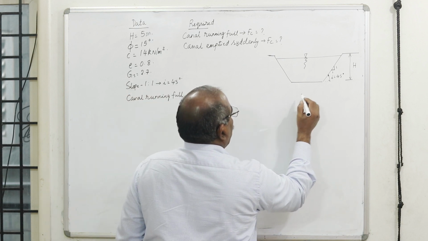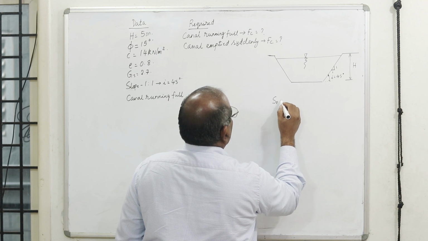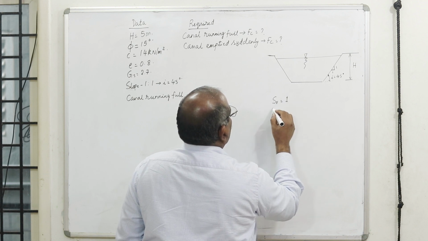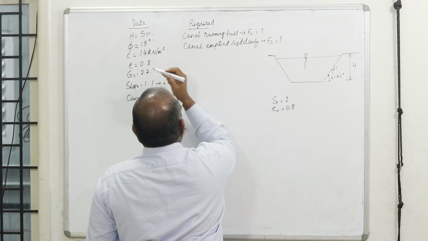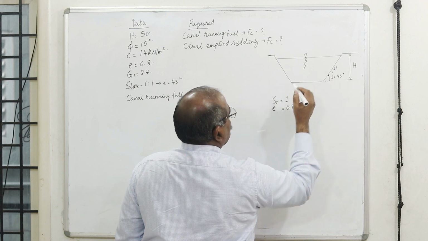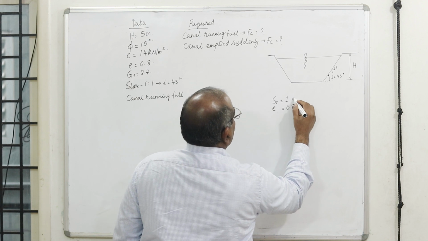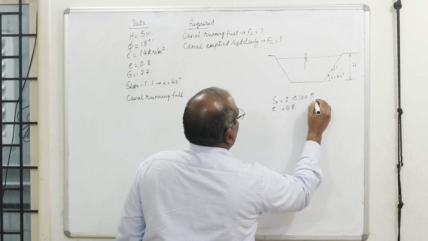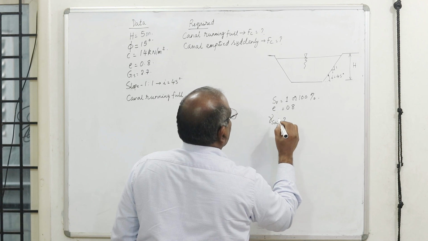Now the void ratio is given, e is 0.8 in the field. Because it is submerged, the saturation is 1 or 100%. Now I need to find out my gamma saturated.